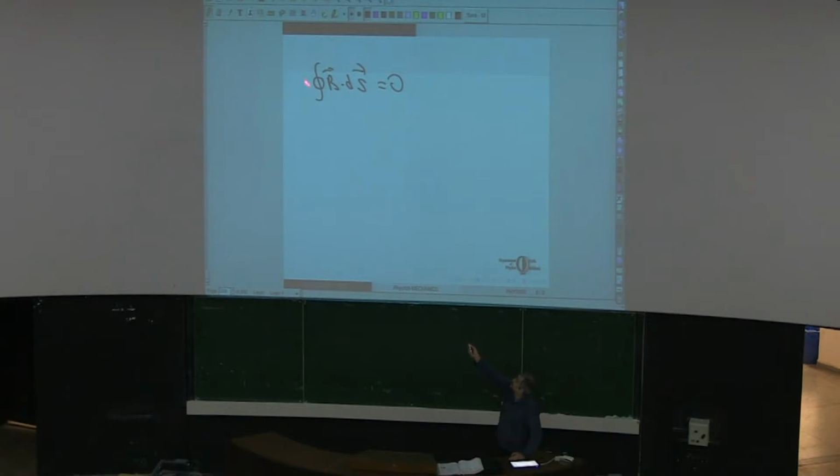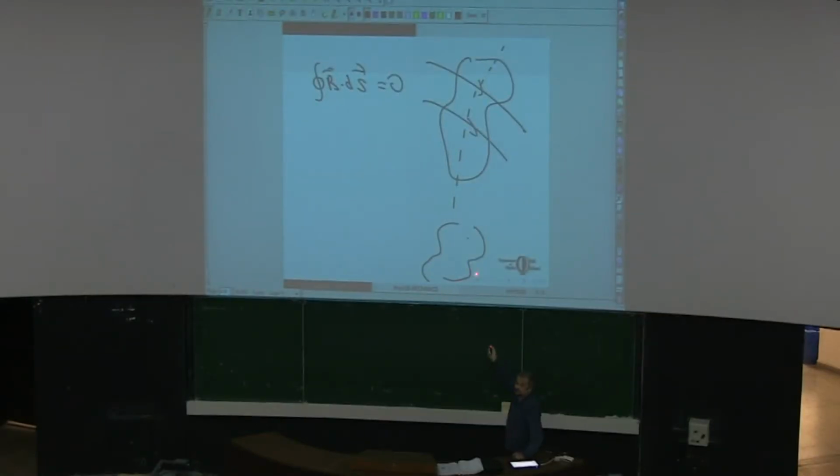This also tells me that if you have this closed surface, these are the magnetic field lines. It enters and leaves. Well, I can divide it into two. This is one surface. This is the other surface. They are divided into two. Here we have some flux.